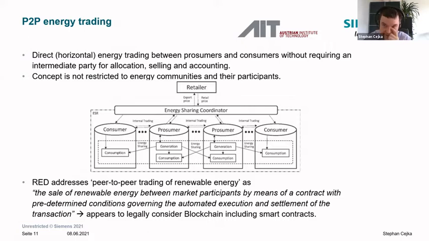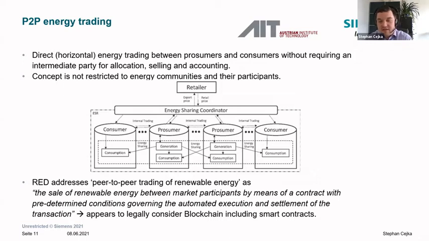Peer-to-peer trading itself is also shortly mentioned in the Renewable Energy Directive as the sale of renewable energy between market participants by means of a contract with predetermined conditions, and automated execution and settlement of the transaction is also mentioned.